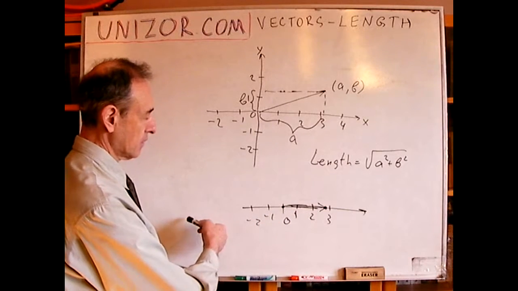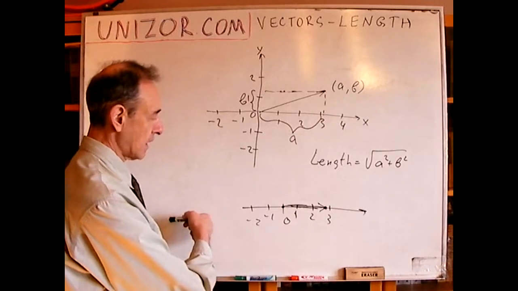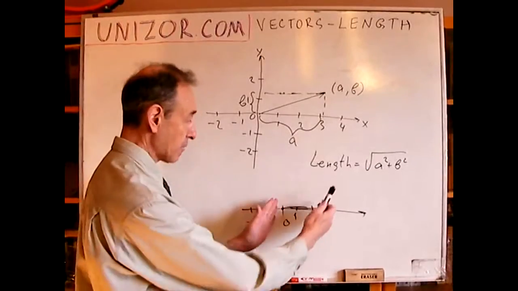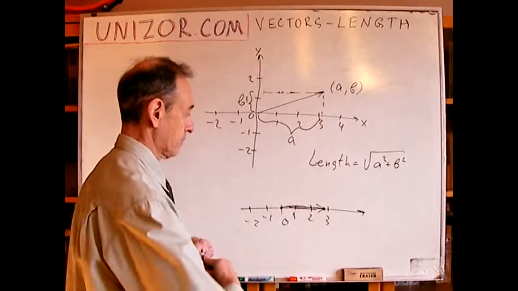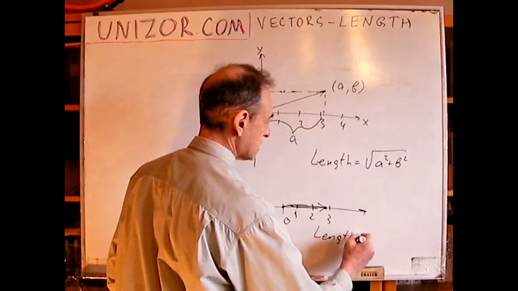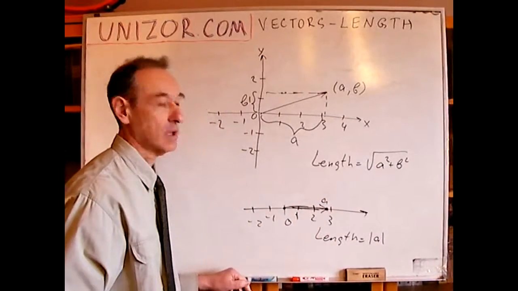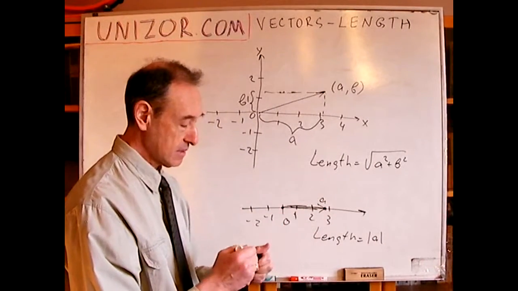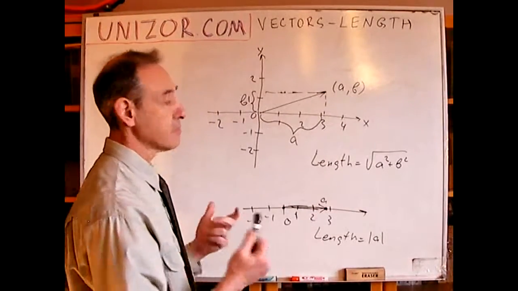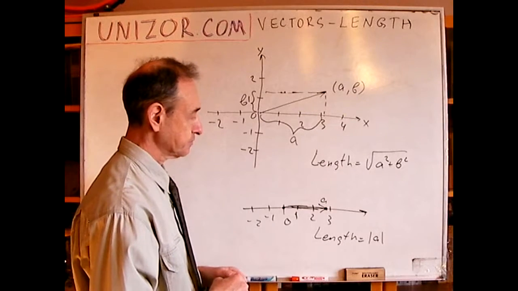If the vector is directed towards the negative side, it will be minus something. So what would be the length? The absolute value of this number, right? So in the one-dimensional case, the length is equal to the absolute value of the number which represents the vector, a one-tuple, so to speak, in its analytic representation.